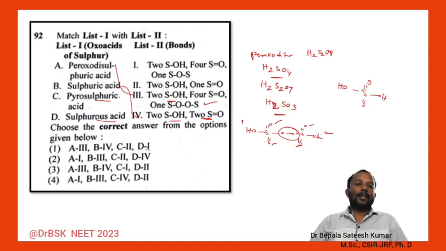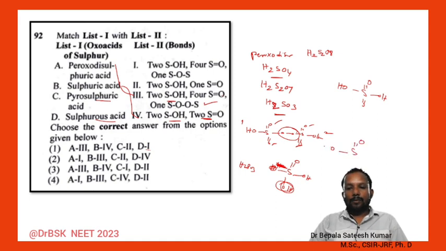Next, pyrosulfuric acid and sulfurous acid. Sulfurous acid means H2SO3. So S double bond O, OH, OH. The structure of H2SO3 is this.